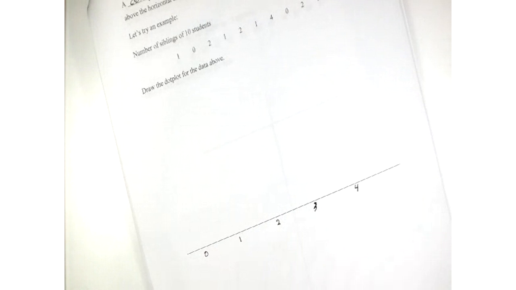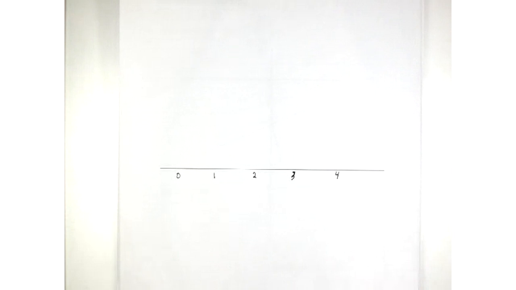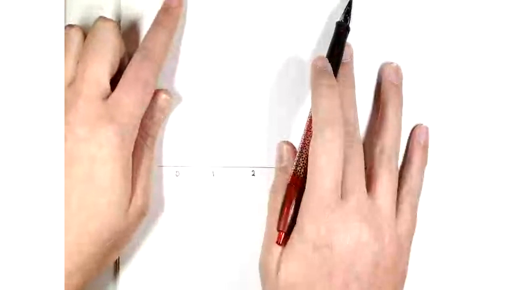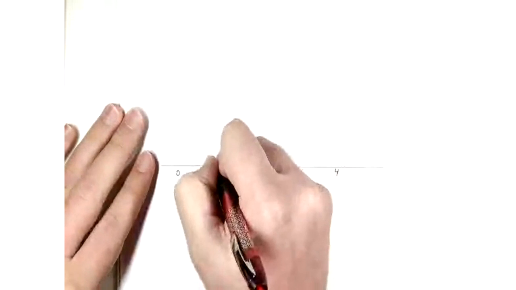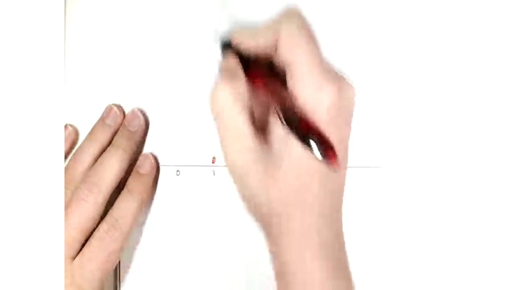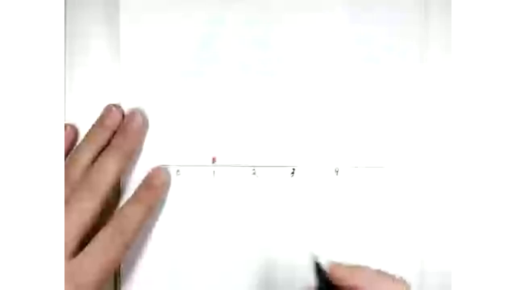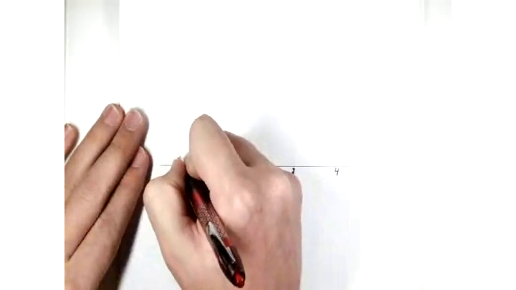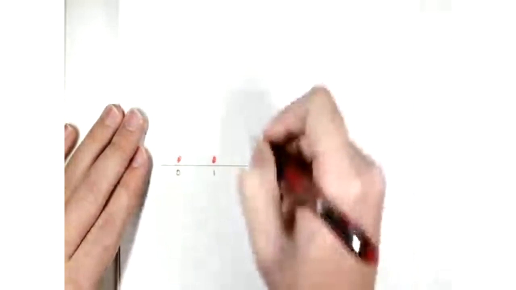Make sense? Okay, so now let's go down the data points and each plot them with a dot. So first we have 1, so a dot for 1 and mark it out. Next is a dot for 0, mark it out. A dot for 2.